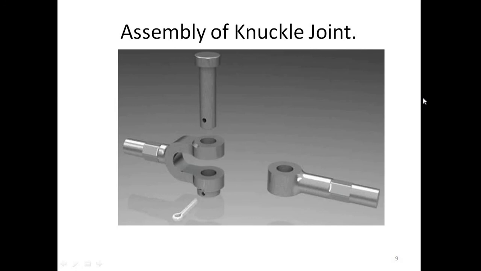Again, the width of the eye is fixed into the slot of the fork. So again there must be proper clearance because there is an angular movement. If you do not provide clearance and use a press fit, the eye and fork movement is not there, so the purpose of the knuckle joint is not satisfied.